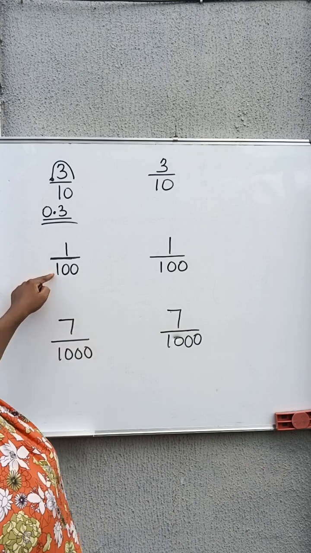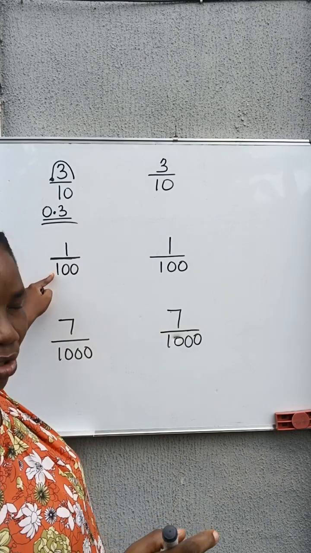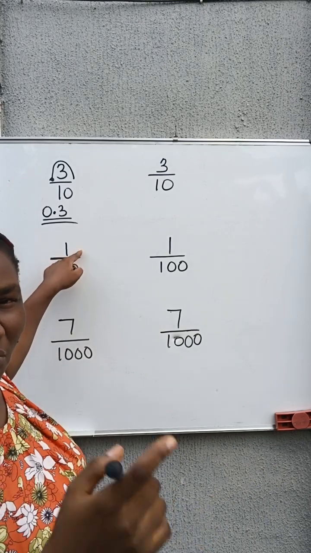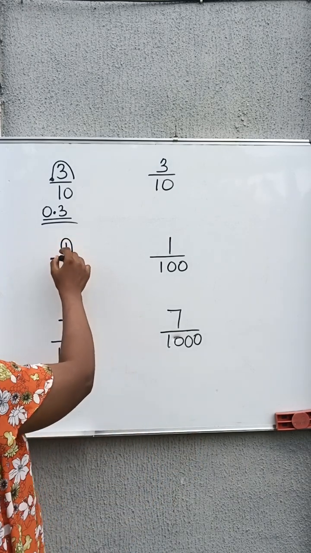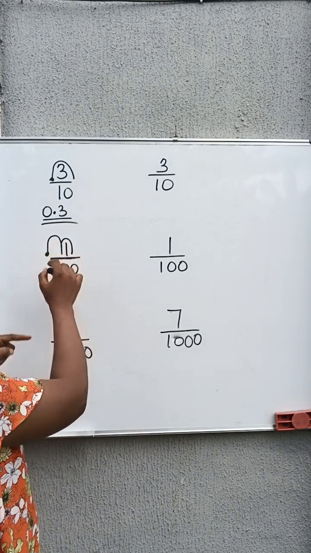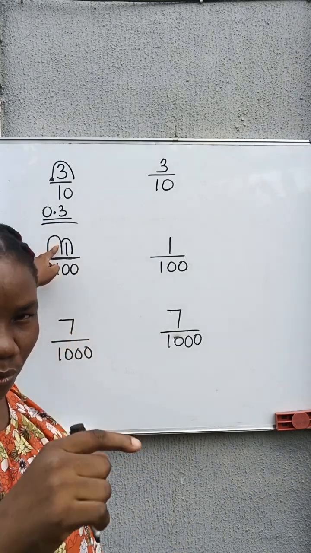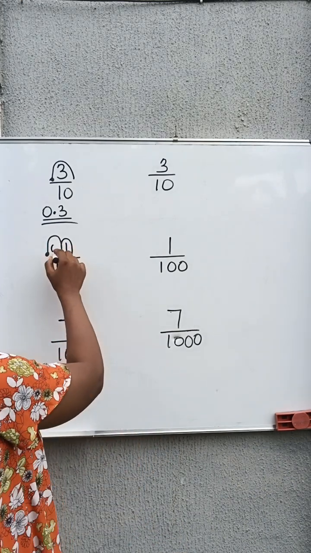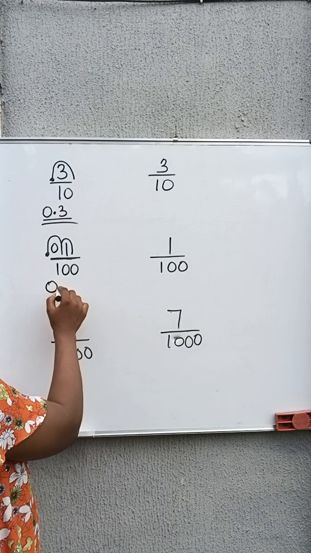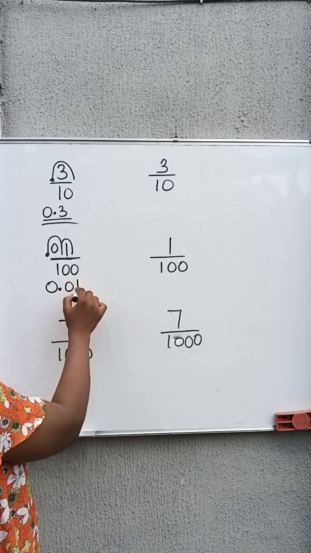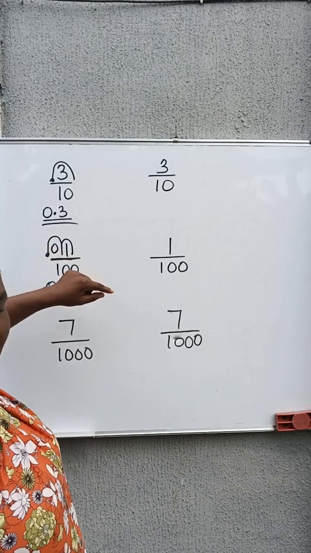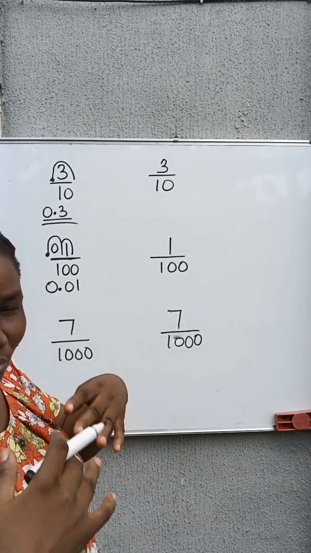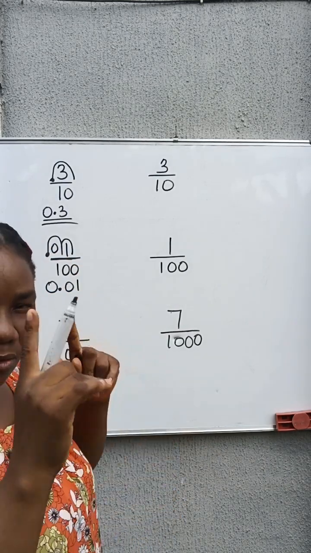How many zeros do we see in the second one? 2. So I'm going to place my hand there and move backwards 2 times. 1, 2. This empty space, I'm going to put 0 there. So in decimal, we have 0.01. There are 2 zeros, and in the decimal part, we have 2 digits, 0 and 1.